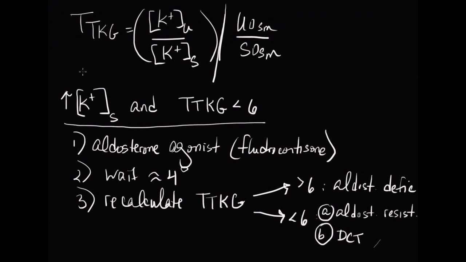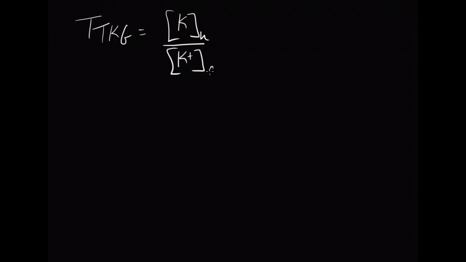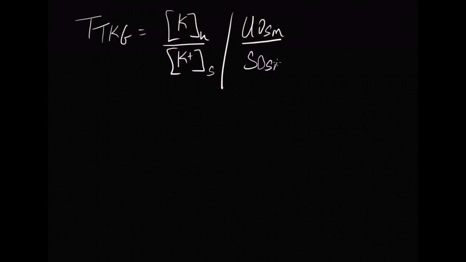Now let's look at another example of the TTKG. This is just the same old formula, normalized for the amount of water that's absorbed in the distal nephron, which is where potassium secretion occurs. Now say you have a patient with a low serum potassium and you calculate a TTKG.